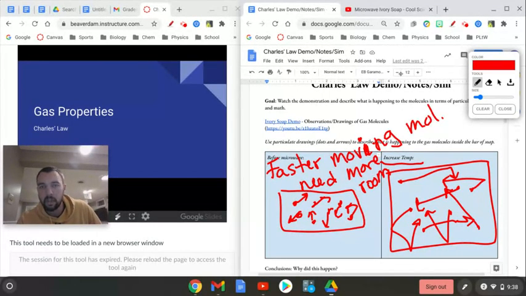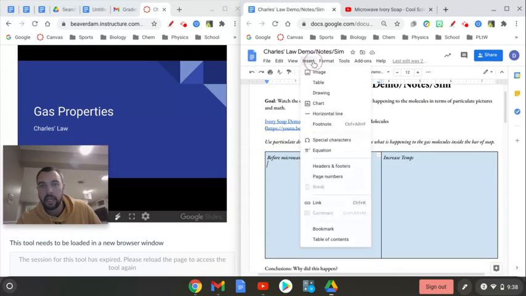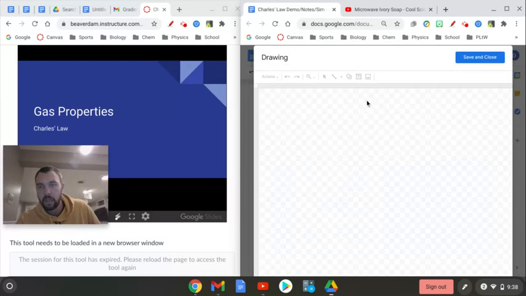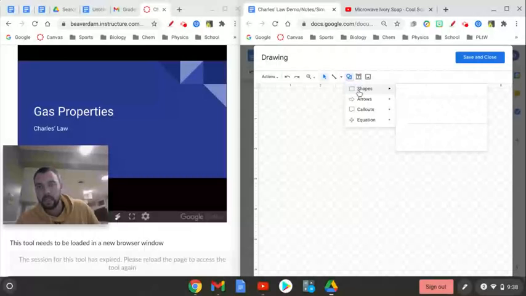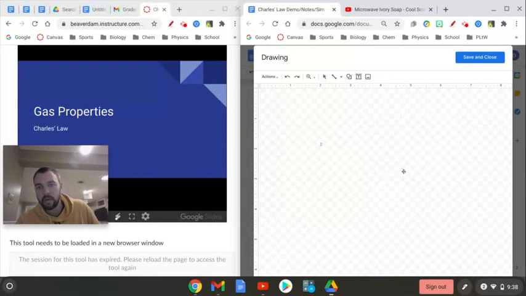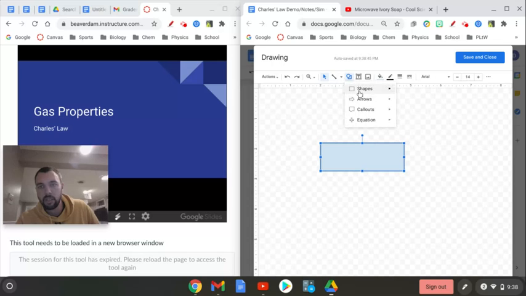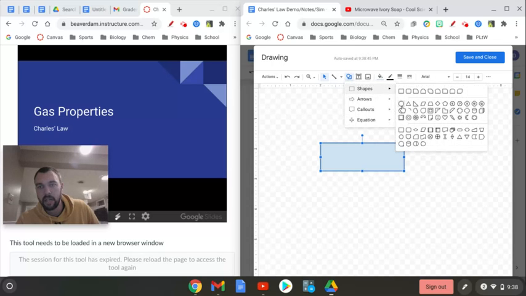You can go to Insert, Drawing, and then when you have a drawing here, you can make a bar of soap. That's a square. Boom. And then you can make dots by just choosing the shape of a circle.